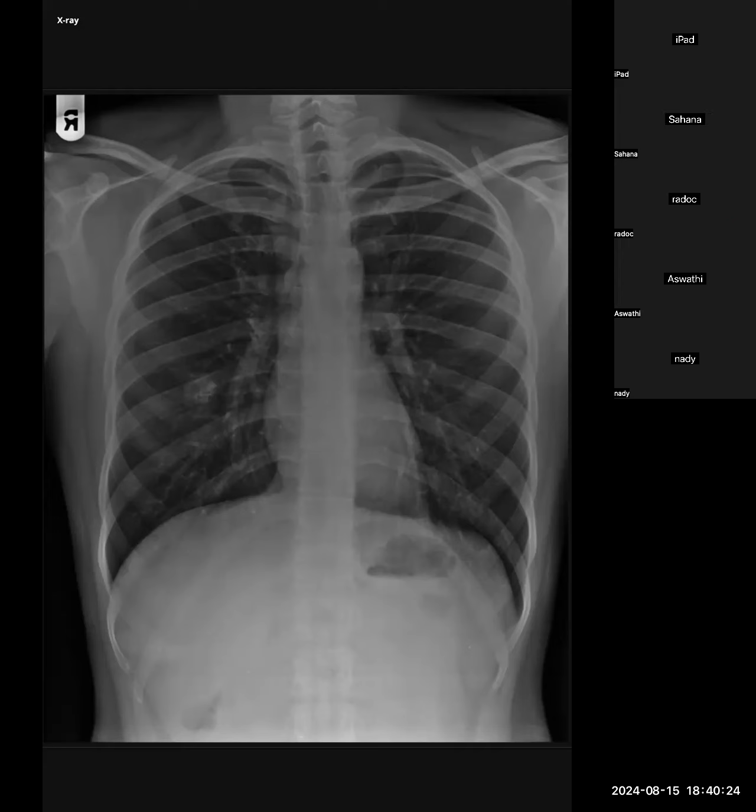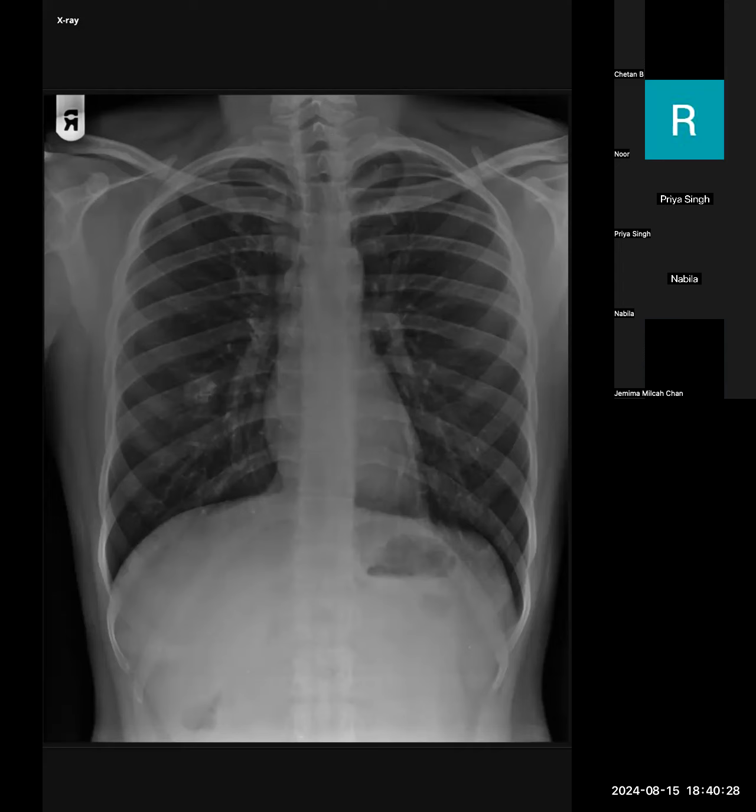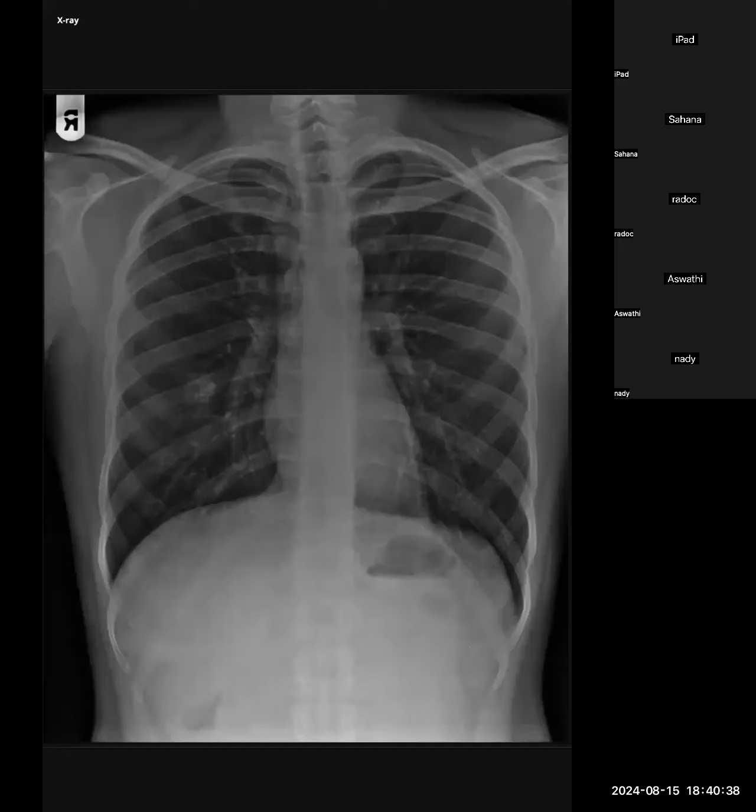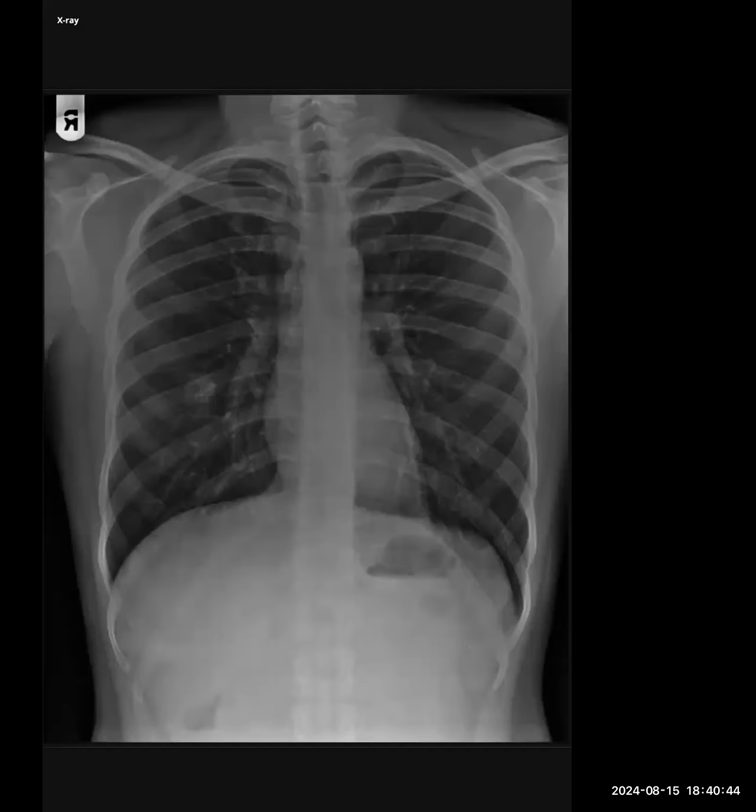So in summary, there is a well-defined radiopacity in the right lower zone with some calcifications and some low density areas within. The possibilities would include calcified granuloma like tuberculoma, or if the patient is immunocompromised, a fungal granuloma.